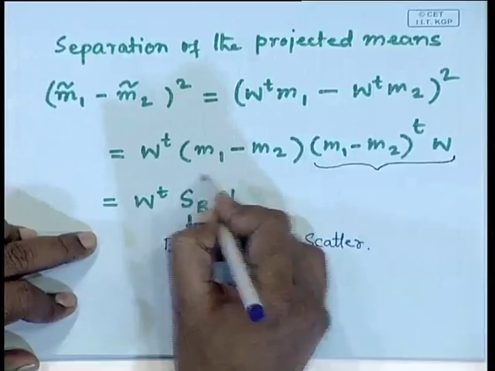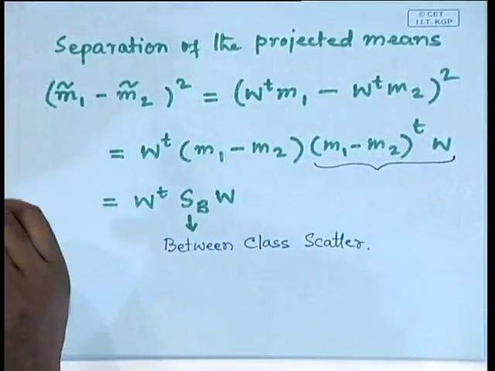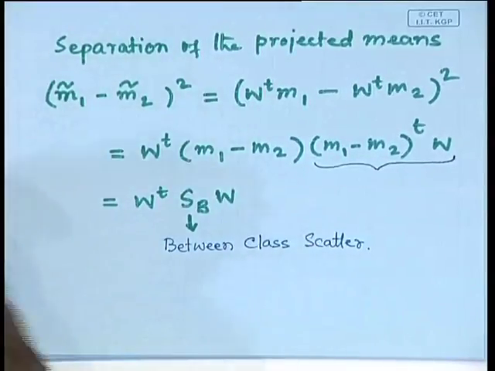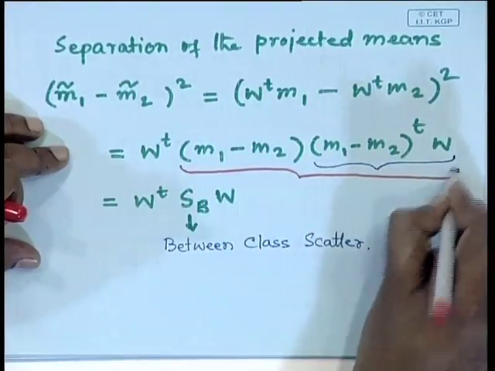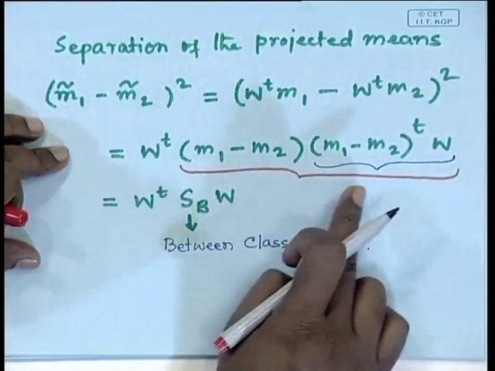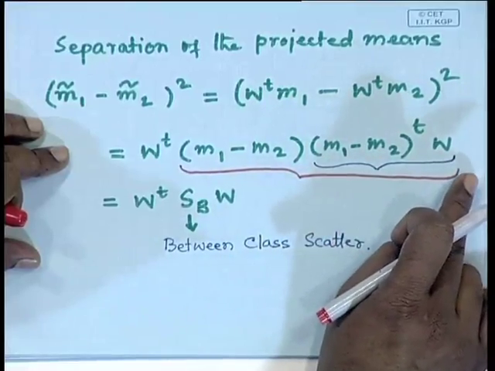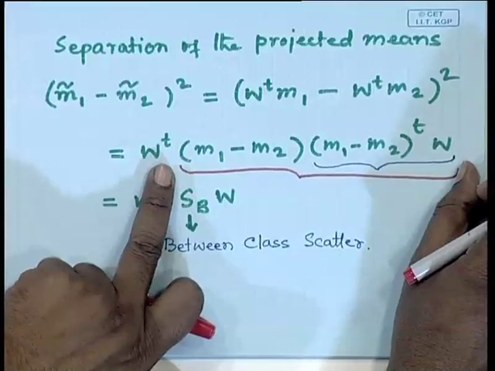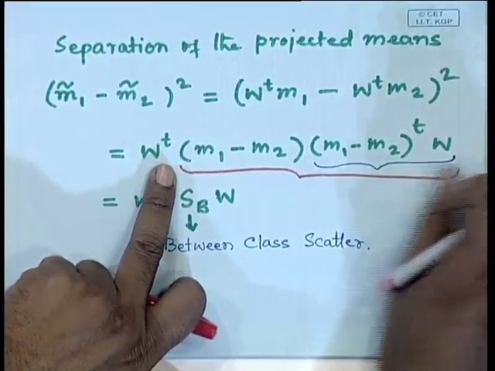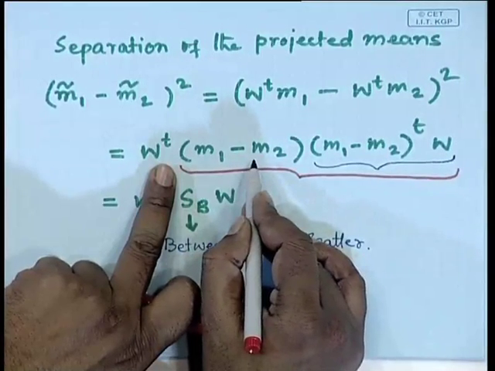And when this is a scalar, this total term, M 1 minus M 2 into M 1 minus M 2 transpose W, this whole portion will be a vector in the direction of M 1 minus M 2.